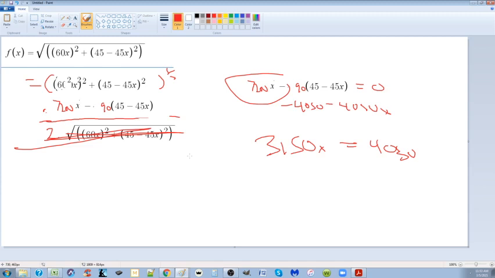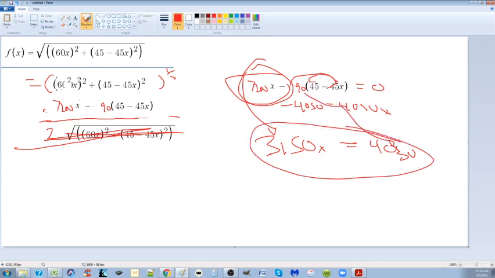Minus 45x times 2, so we get minus 90. I think I got it right. I hate wasting all this time and discovering I got it wrong. Problem is, this is definitely right. And that's the same thing. So for some reason I got the wrong answer.